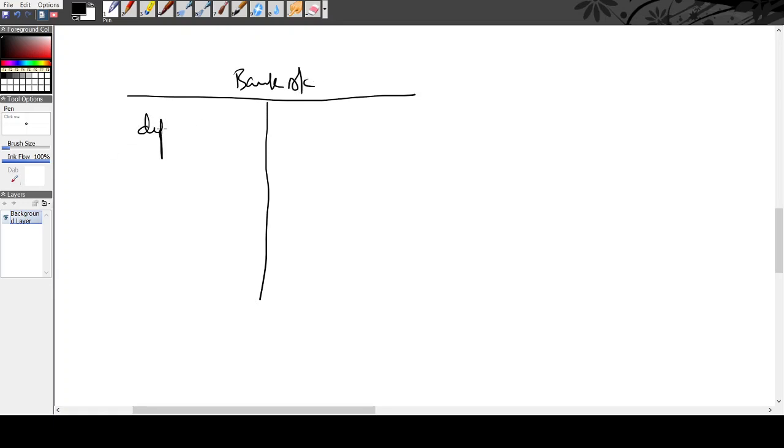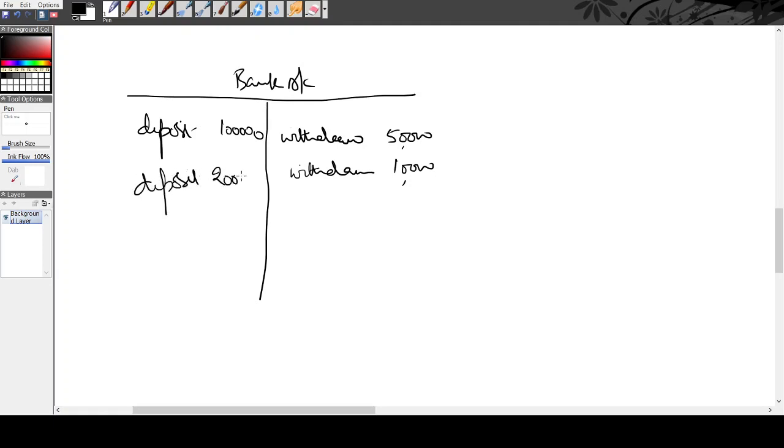We deposit some money, say 1 lakh. We withdraw money from our bank account for meeting our expenses, say 50,000. We again withdraw another 10,000 rupees. We get some sales and we deposit some money in the bank, 2 lakh rupees. We make another deposit of say 3 lakh rupees.